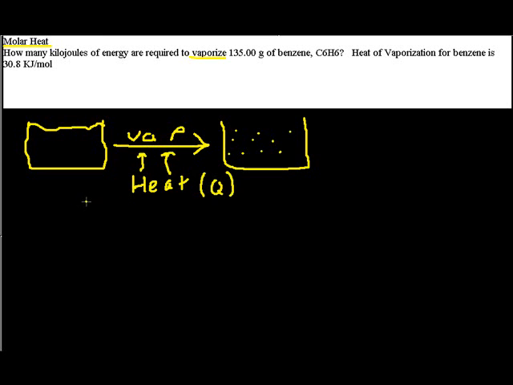Now molar heat, the equation says that Q is equal to delta H times moles, which is the amount of material. Because what we're doing is vaporization, the delta H value is the delta H of vaporization. And that was the value that we had looked up on the chart.